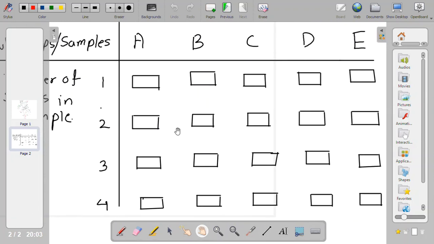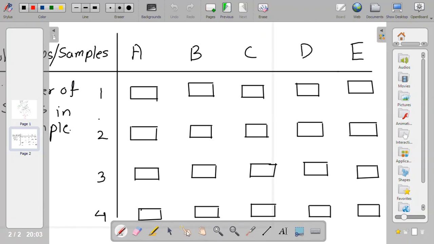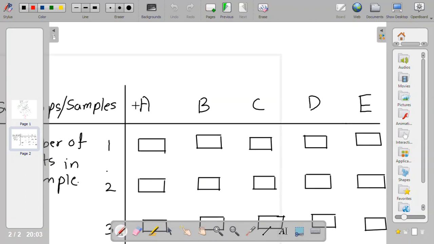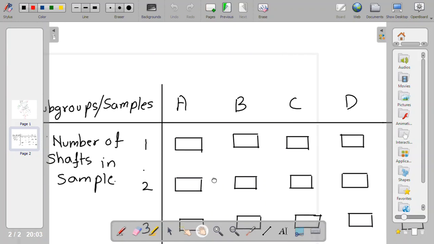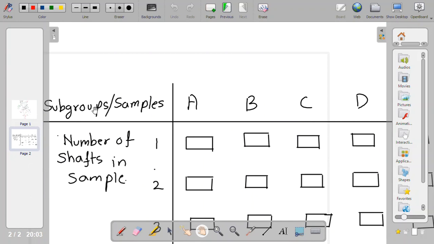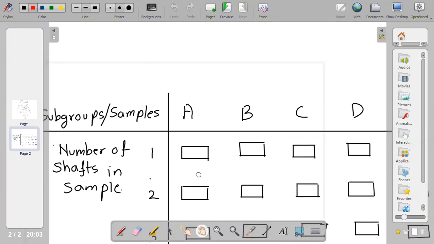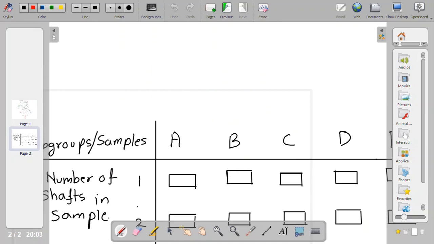We took a shaft as the example. This is the shaft. This is the lot number, or we can call these lots. In this lot, a total of 10,000 shafts are there.